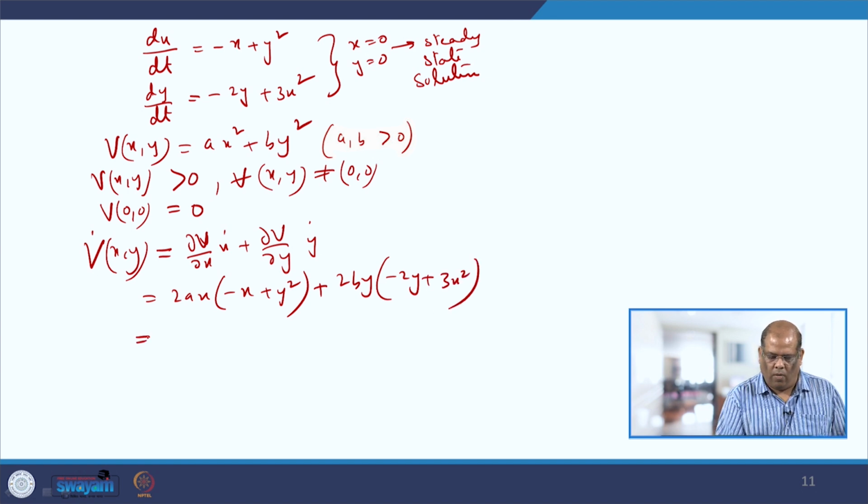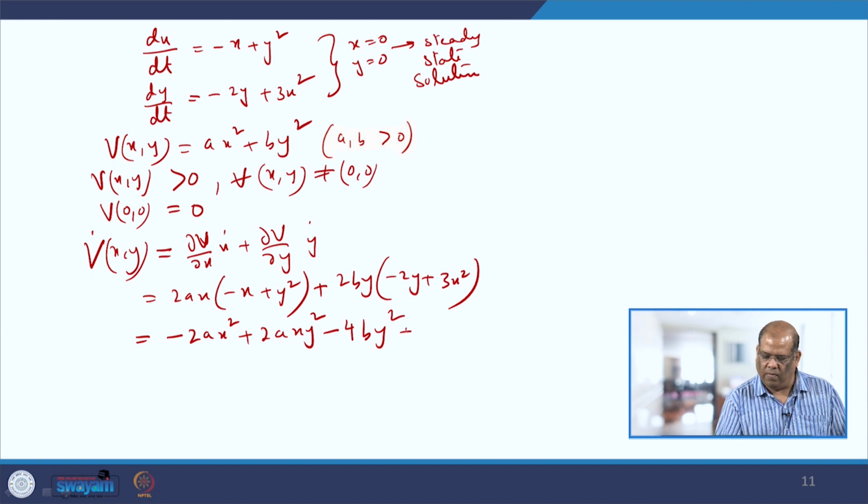So, if I open this up, minus 2ax square plus 2axy square minus 4by square plus 6bx square y.